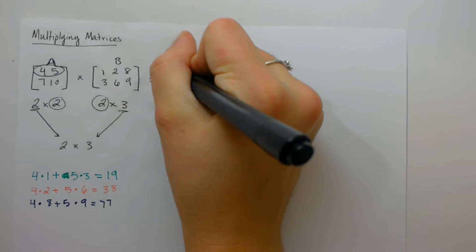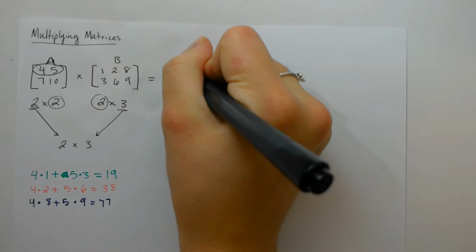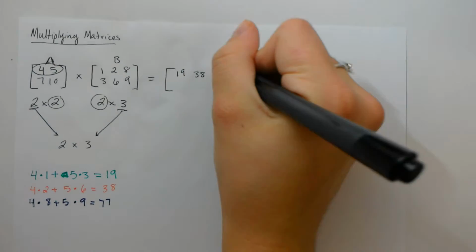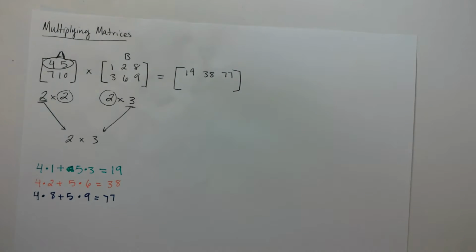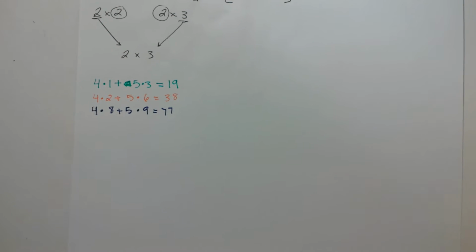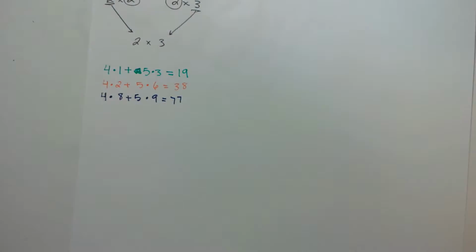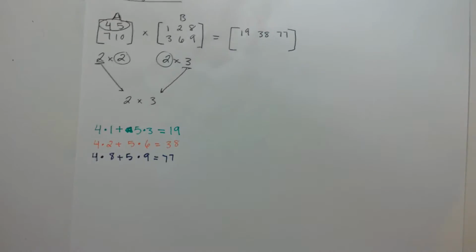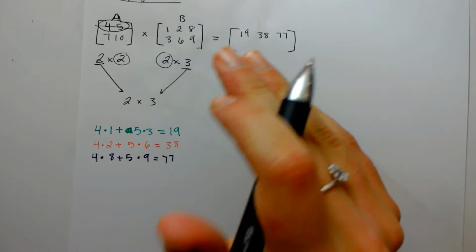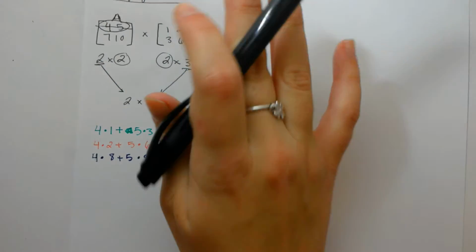I'm going to start with 19, slide over, moving in the right direction, 38, and then 77. Now let's cross this off because it's out of the way, so we don't get confused.